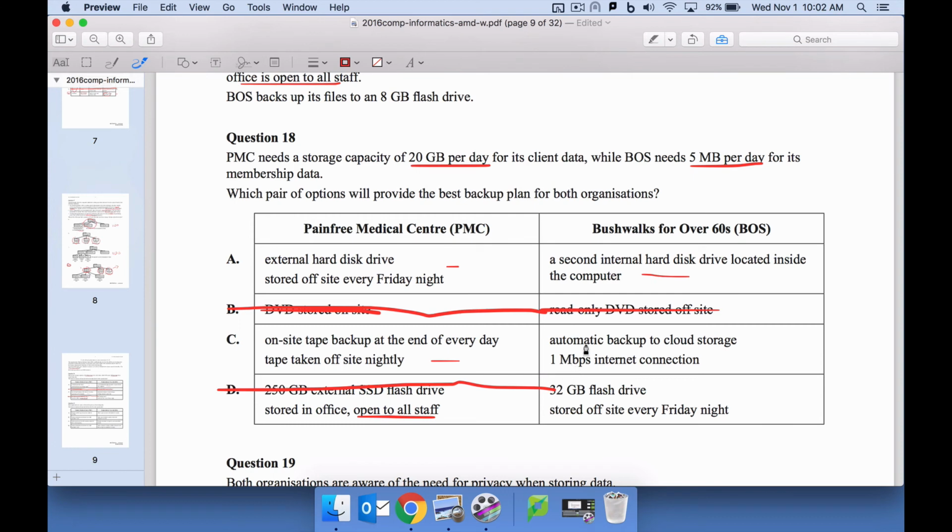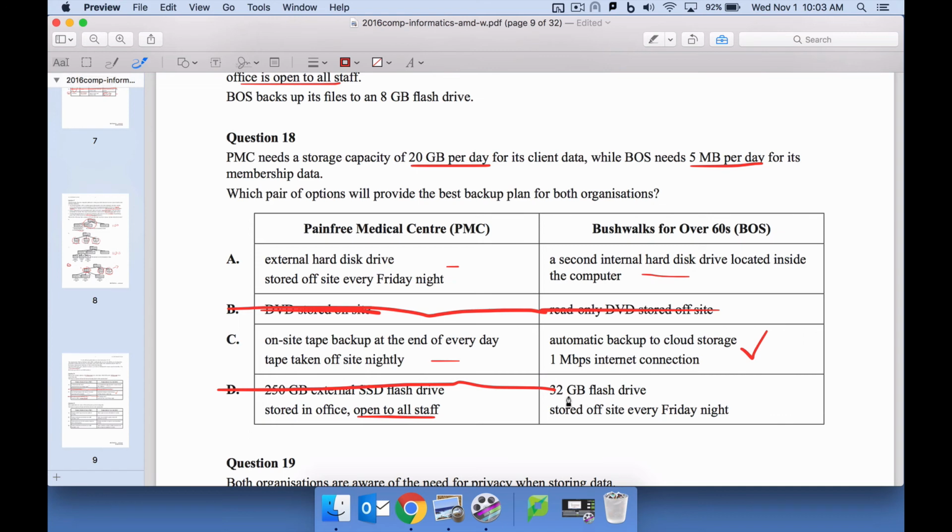And so the next available from A and C is automatic backup to cloud storage, 1 megabits internet connection. That would definitely suit 5 megabytes a day. 1 megabits internet connection is sufficient for transferring that amount of data in a day. If that was 5 gigabytes, on the other hand, that probably would be an issue. But that sounds like a perfect solution.